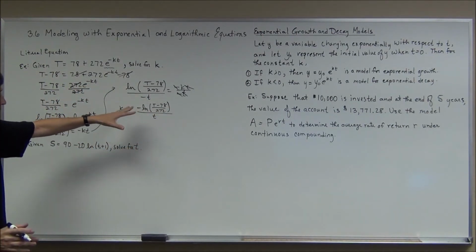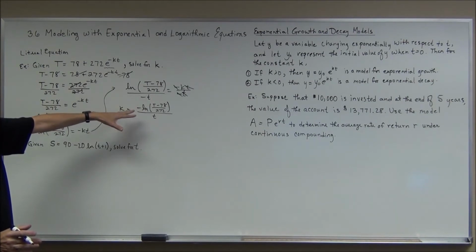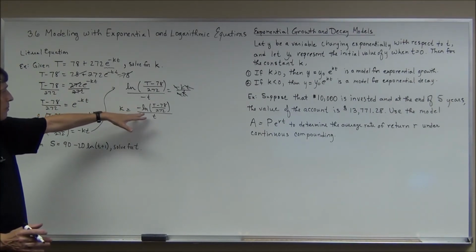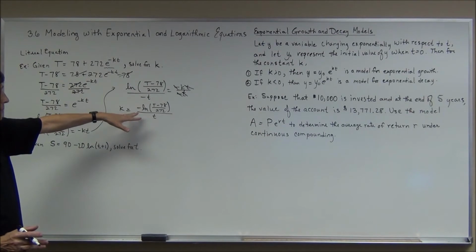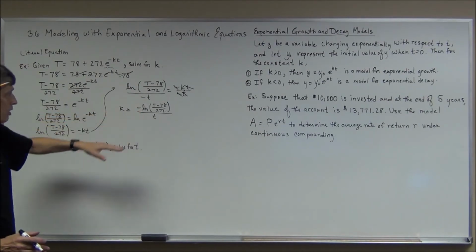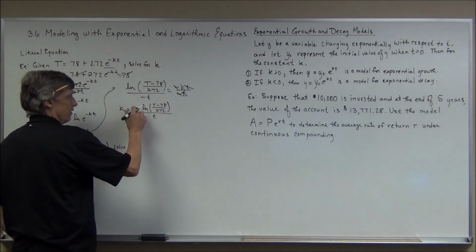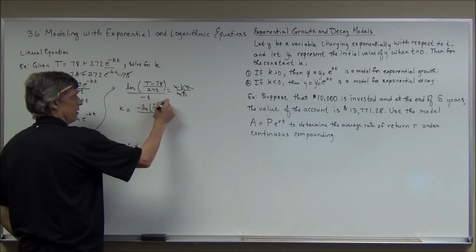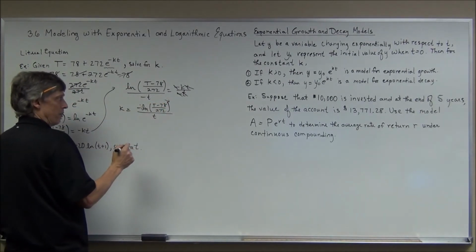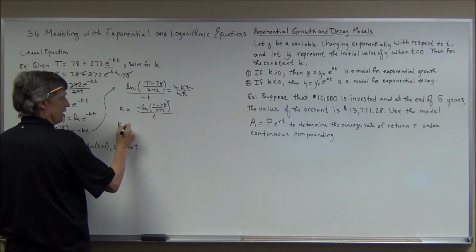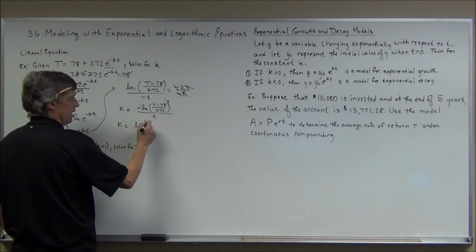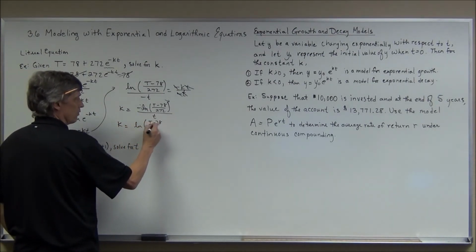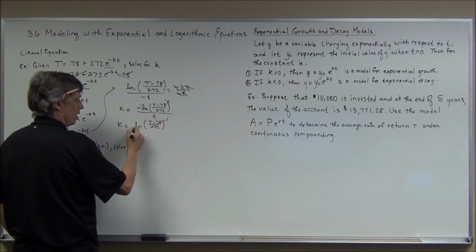It can be rewritten, and you have to check, because if you want to check the answer in the back, you might have something that looks quite a bit different than this one because of the logarithm. I could bring this negative, which is like a -1, up here as an exponent, and that would give me k equals the natural log of t minus 78 all over 272 to the -1, all over t.